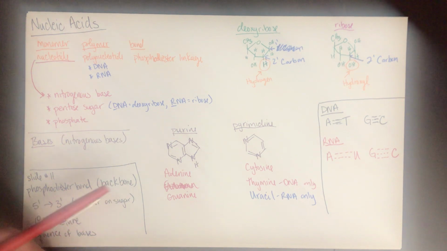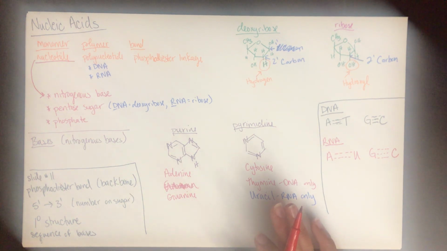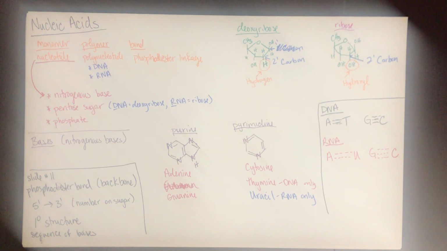So this DNA forms a double helix, and there are a few different types of double helices. There's A form, B form, and Z form. I'm not going to ask you about the specifics of these. What I do want you to know is what is here.